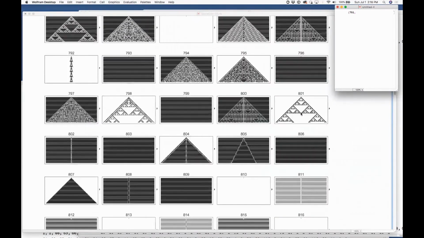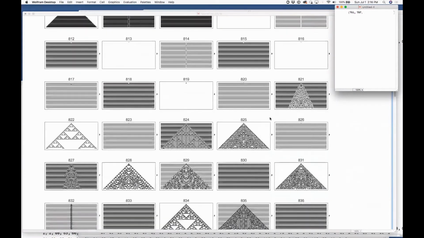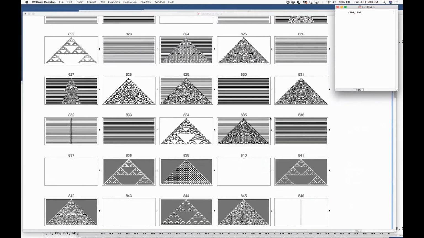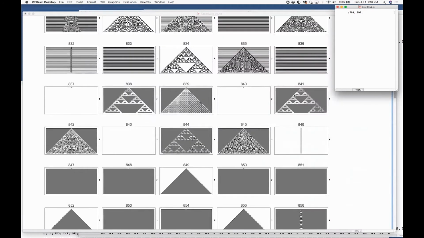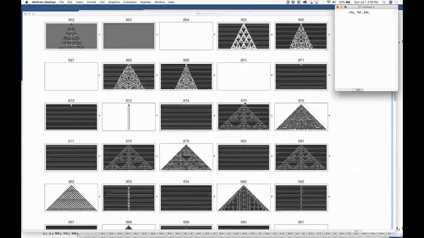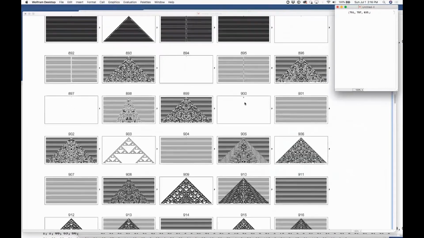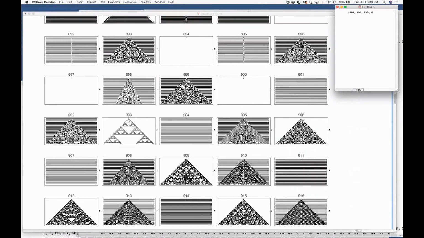And 797, I'm telling you, this is one of the more bizarre. 835 has some large-scale structure. Undoubtedly, there's a way to recognize these things automatically. Okay, 905 might be interesting.